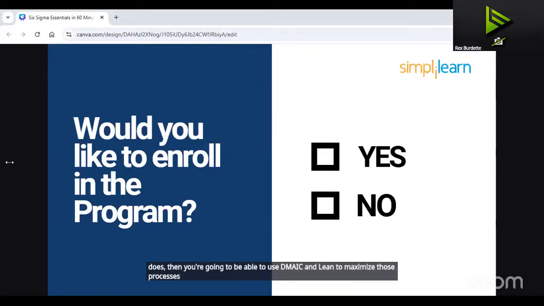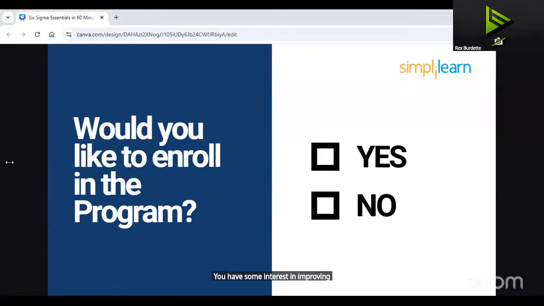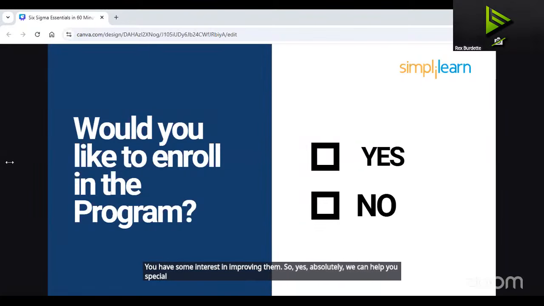The mere fact that you're here, you have some interest in improving them. So yes, absolutely, we can help you specialize or look at your specific problems. In his case, it was about how to maintain the books, how to do various things, how to keep them aging. All those things are fantastic. There's data associated with them, so I'm 100% sure.